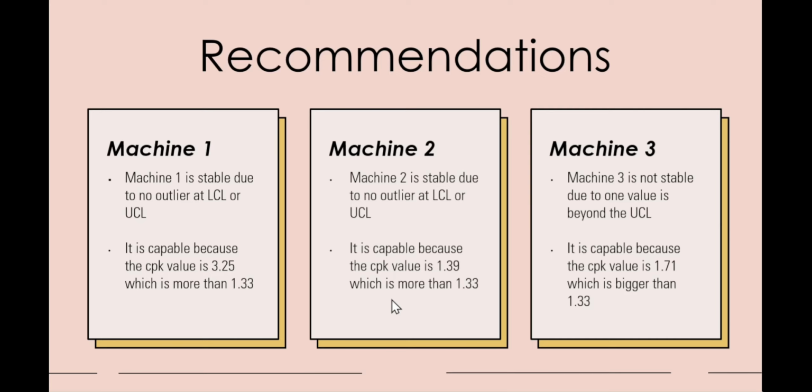It is capable because the CPK value is 1.39, which is also more than 1.33. And the last machine, machine 3, is not stable due to one value being beyond the upper control limit. It is capable because the CPK value is 1.71, which is bigger than 1.33.